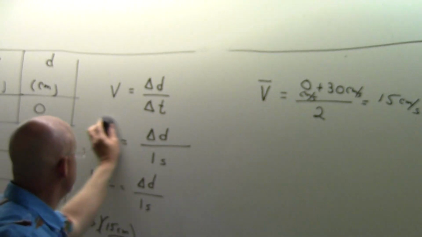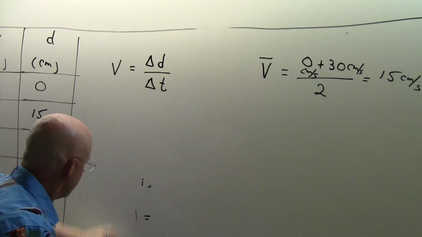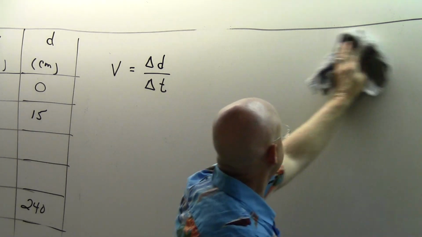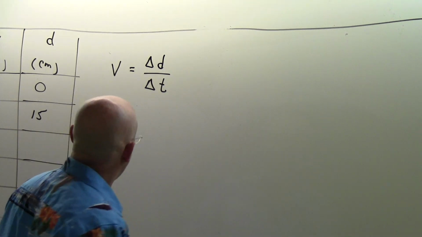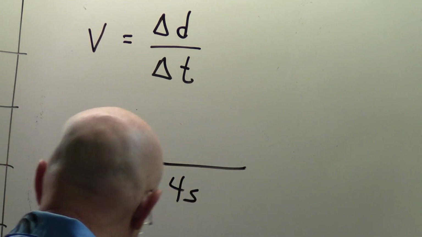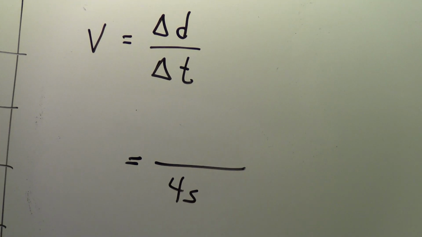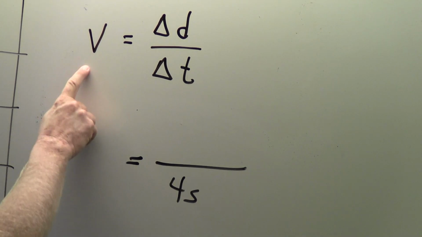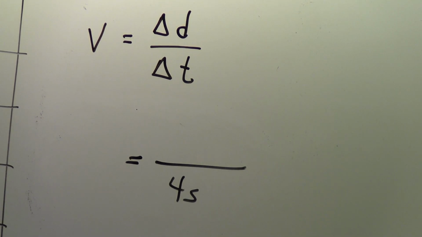Let's do exactly the same that we did here. I'll start with that formula. I'll erase this one. I'll even erase this one. And I'll put in my first line right here and go 4 seconds down below. So there's 4 seconds. This, remember, is average, not instantaneous.